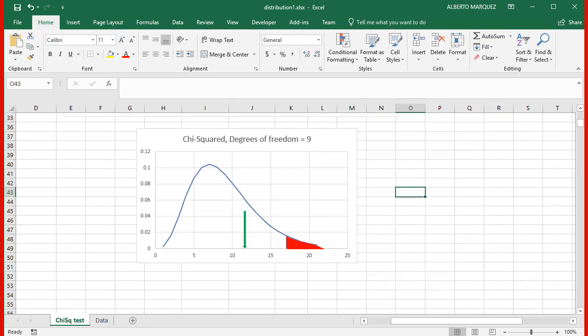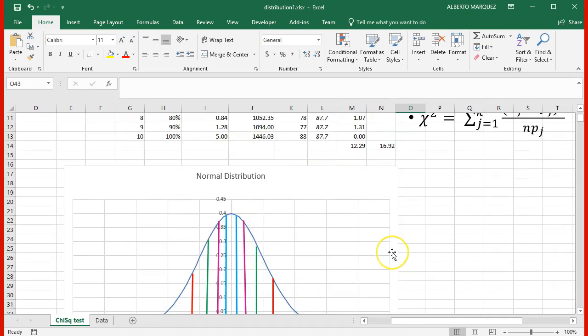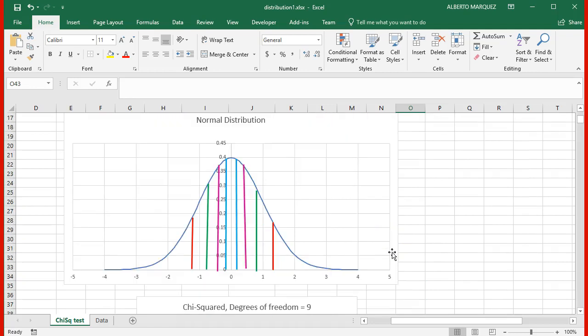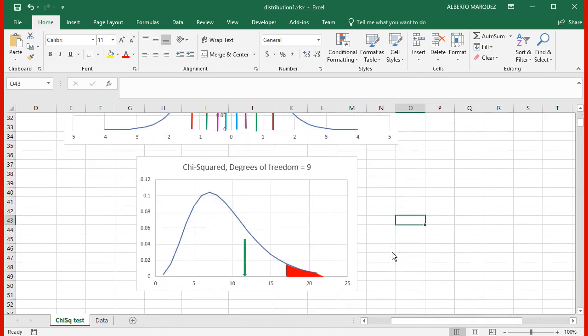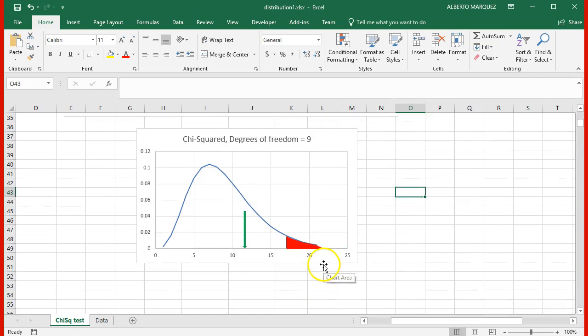In this particular case, because we have 10 bins, the chi-square comparison uses 9 degrees of freedom. And clearly the value that we obtain is in the non-rejection region. The value that we obtained was 12.29, and the critical value is 16.92, which is the region marked in red in this diagram.